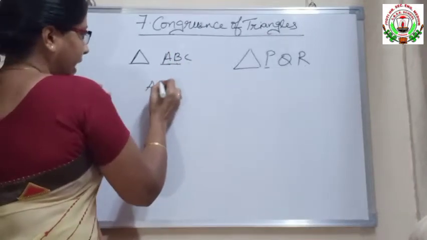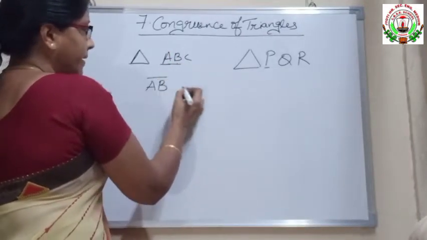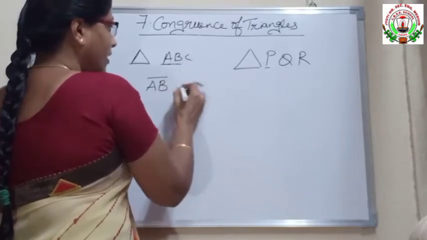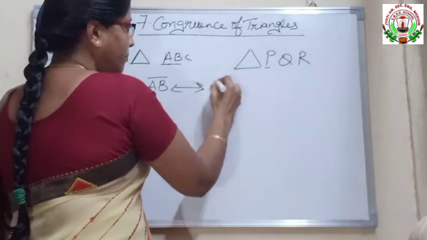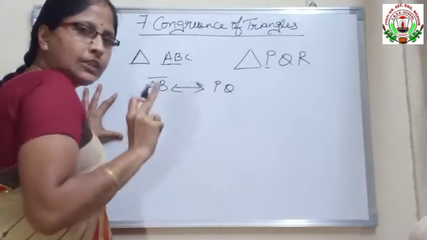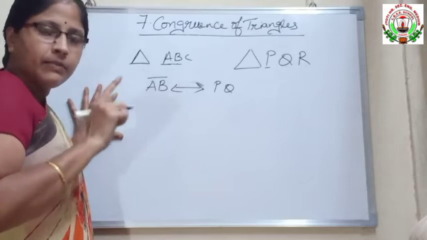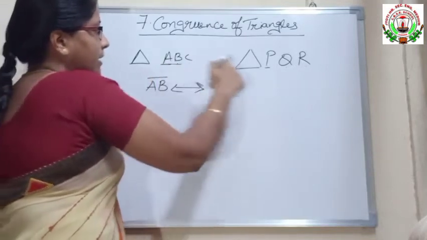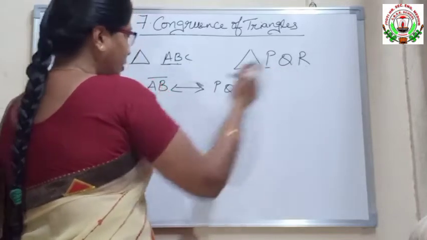See, line segment AB is corresponding to PQ. The first line segment I have taken, so AB is corresponding to PQ.